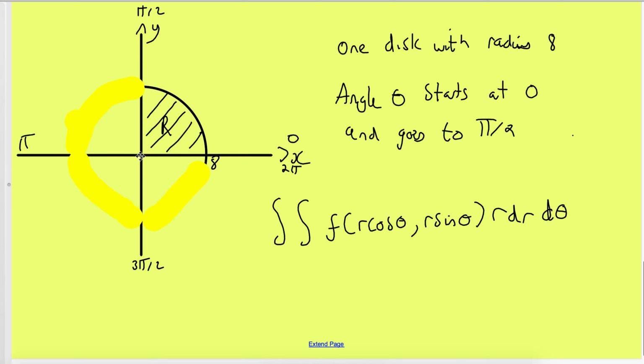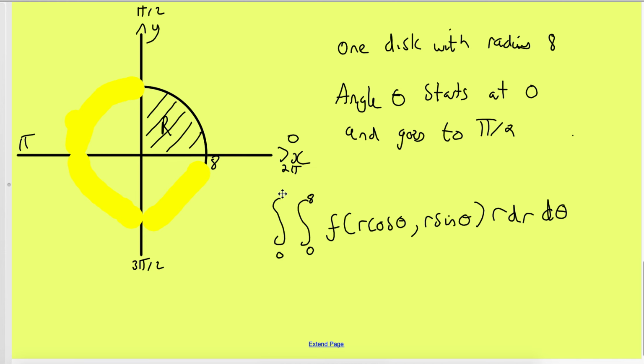If you've got one disk, that means it's a tiny little circle in there with radius 0, so really you're going from 0, because a wee tiny origin spot with radius 0 in there, and you're going to 8. If you've got two circles that make up your disk, you're going to have a number in here. If you get one circle that makes up your disk, you're going to have a 0 down here.